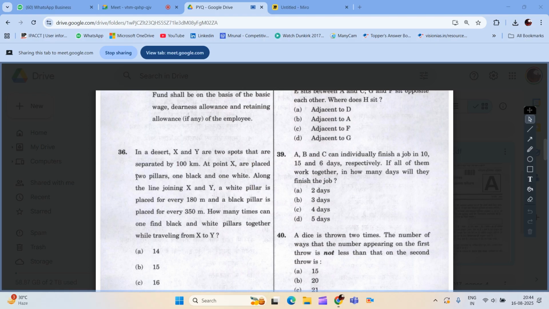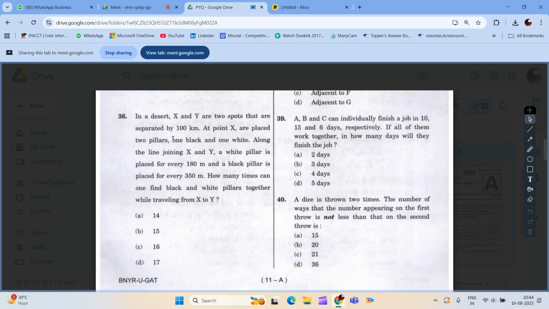See, question number 36. In a desert, X and Y are two spots separated by 100 kilometers. At point X are placed two pillars, one black, one white. Along the line XY, a white pillar is placed every 180 meters and a black pillar every 350 meters. How many times can one find black and white pillars together while traveling from X to Y? This is a very easy question.